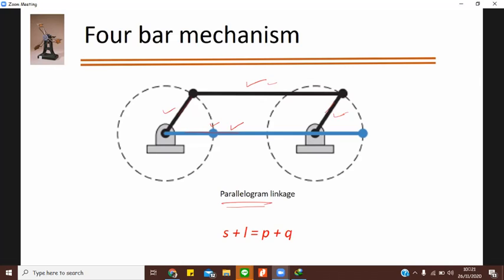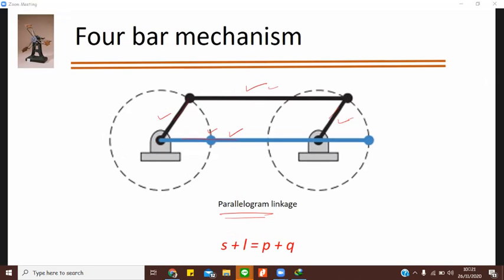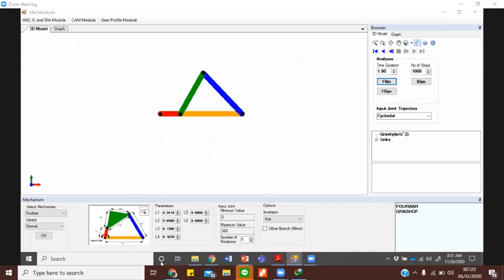I have to share my screen again. So this is the screen. Yes. Here you are seeing a 4-bar mechanism. This is a software called Mac Analyzer, and I'm just using this to explain how different mechanisms work.